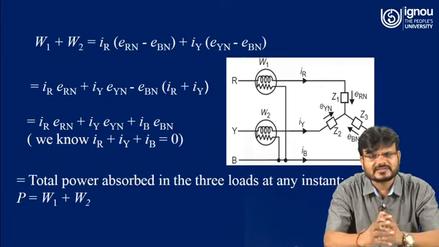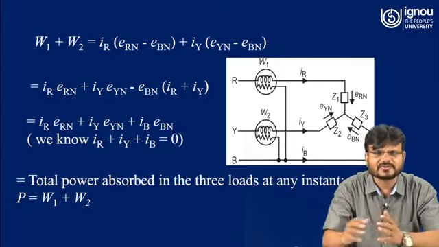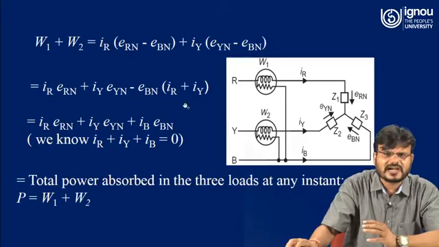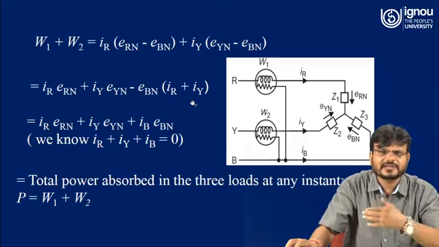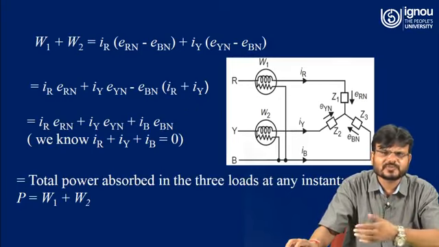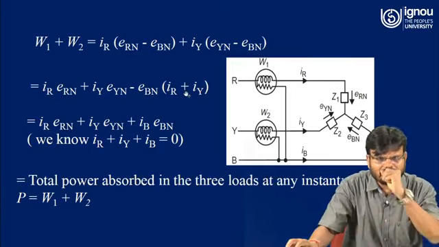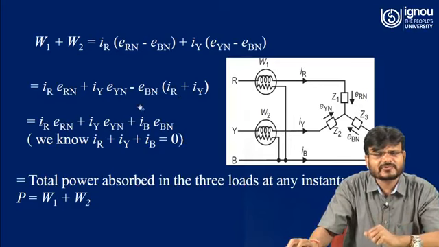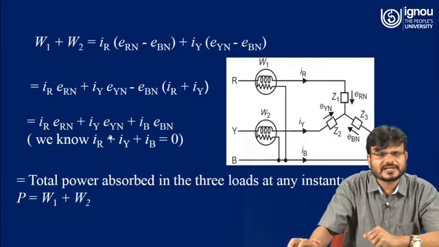If it is a balanced system, the sum of currents is 0. So you can replace this iR plus iY by minus iB. Just put the value minus iB in place of iR plus iY. So you will get the final equation: W1 plus W2 is equal to iR eRN plus iY eYN plus iB eBN.